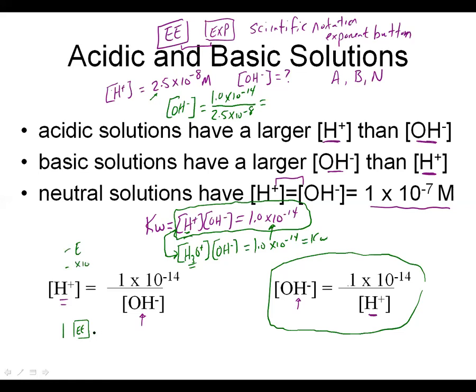Then we would want to use our negative button, not our subtract button, and 14. We then do our divide button and put our other number in the exact same way: 2.5, our exponent button, our negative button, which could look like what I wrote first, or you may have a button that looks like that, and 8.